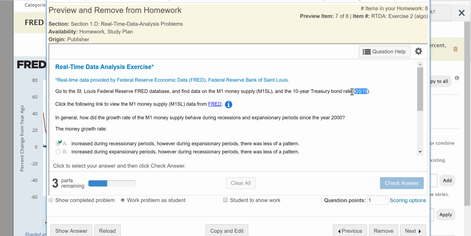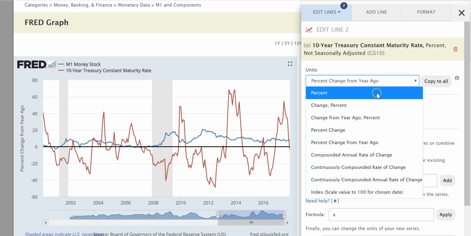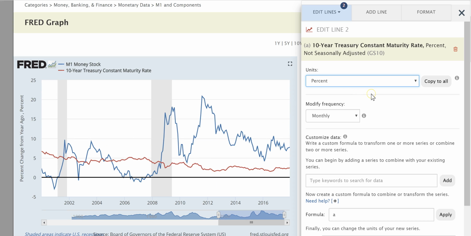We don't have to do the percentage change anymore. But by default, you can see the units here is still percent change from a year ago. So we need to change that back to percent, which in this case is the level, because directly the interest rate level is the percentage. That's all we need to do here, and then we close this.